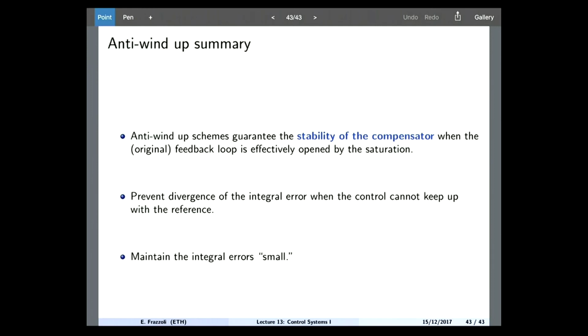The speed can change, but you will not be able to change the pedal. So the effect of the saturation is, in a sense, to open the feedback loop. In that case, the integral error can diverge, get very large, can wind up. So what you want to do is make sure that the integral error does not grow when your input is saturating.